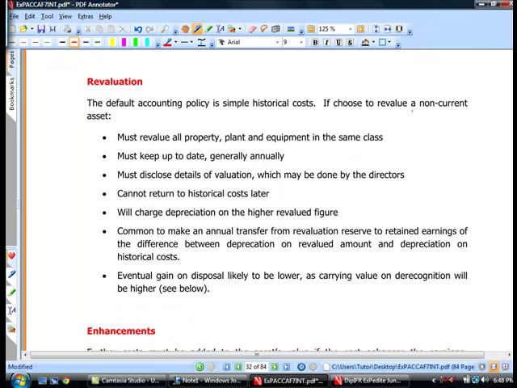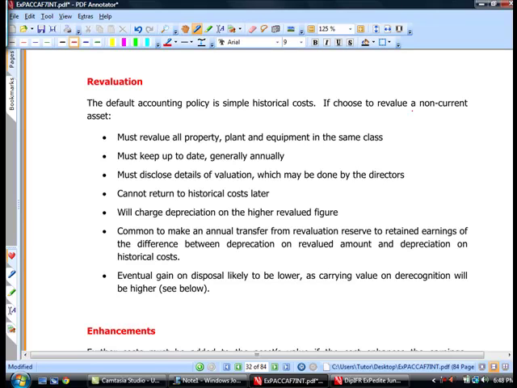So in terms of accounting policy, we do have a choice in IAS 16. One will be to present the assets in the statement of financial position at historic cost, less accumulated depreciation and less accumulated impairment losses up to date.